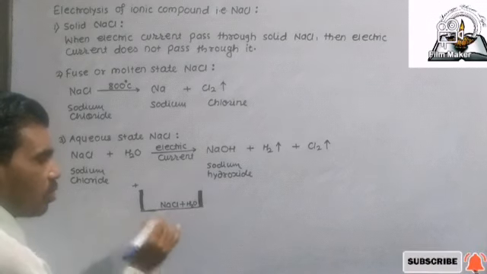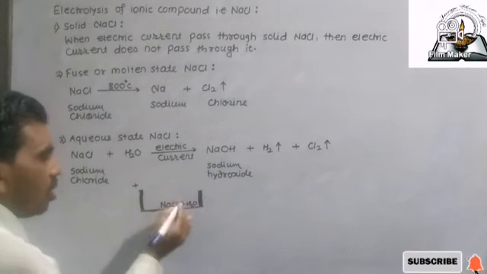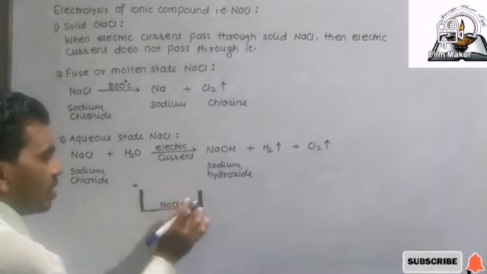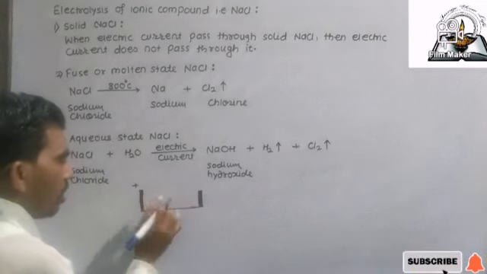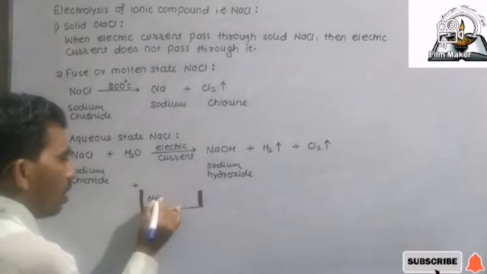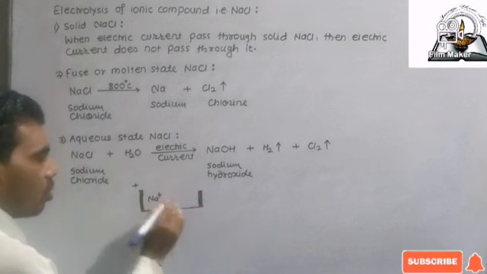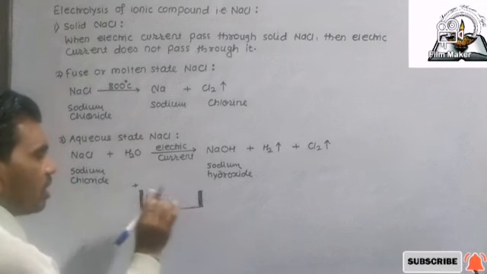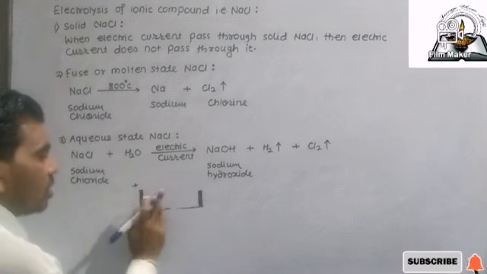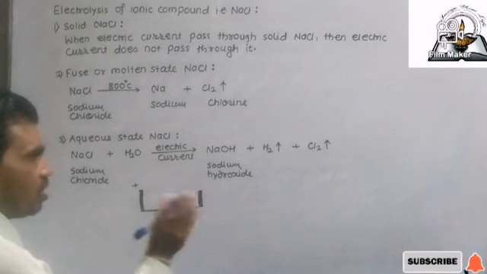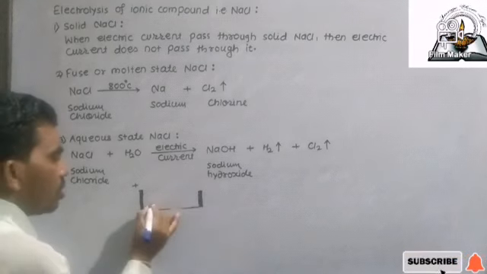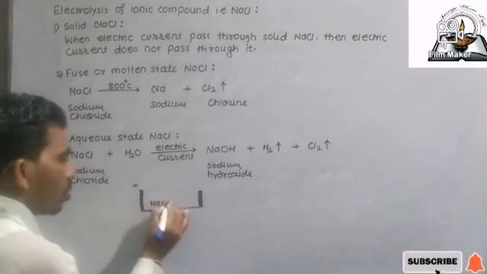So here NaOH will form. When sodium dissolves in water, sodium positive, Cl negative, H positive, OH negative ions are formed. So here NaOH is formed.